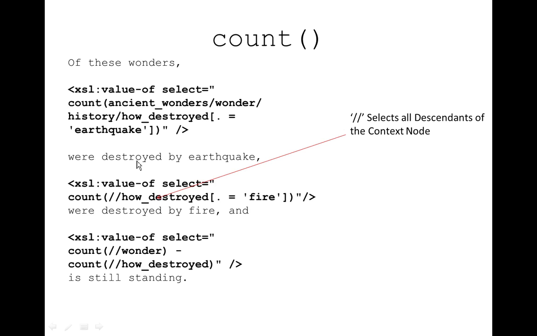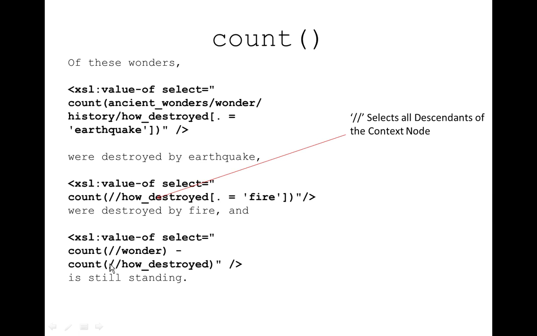And presumably, again, this would be in a for-each loop. It's going to count through all those, and after the loop is done, every one that it found that was equal to fire, it's counting each time, 1, 2, 3. Once it finishes, whatever that count was, it's going to print that out. So it would say there were 3 of them that were destroyed by fire, it would print that out, 3 were destroyed by fire.